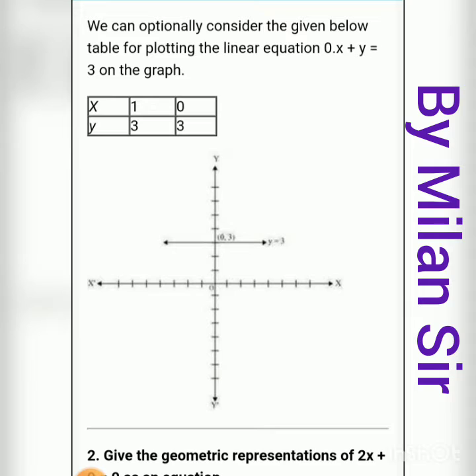I already explained one thing in the theory part: if y equals a constant, here y = 3, so y is constant, then the line is parallel to the x axis. If y is constant, then our line is parallel with the x axis.